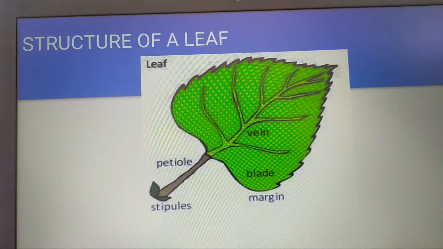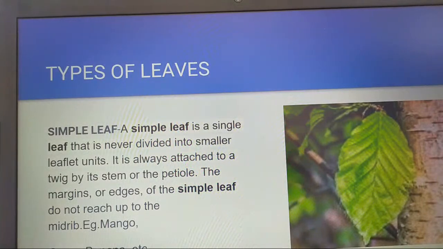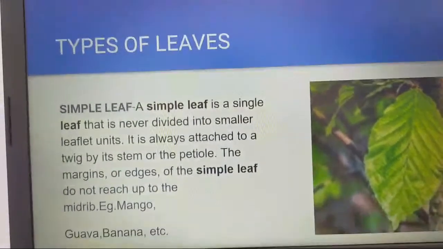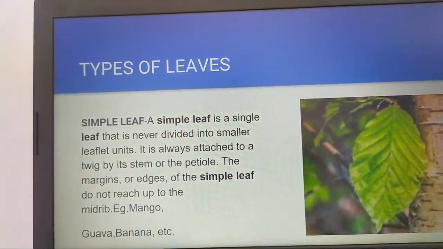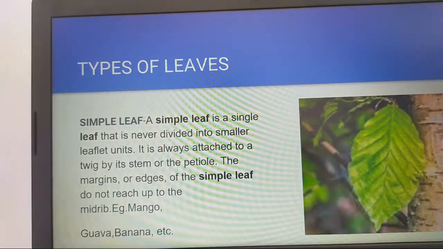Now coming to the next topic, we have the types of leaves. Leaves are broadly classified into two types: simple leaf and compound leaves.